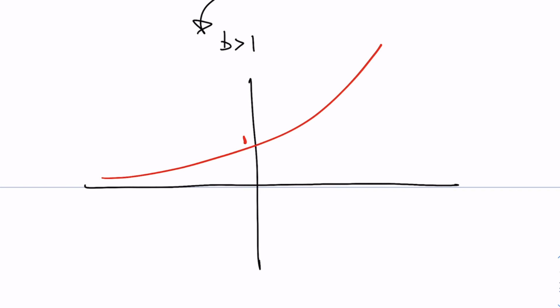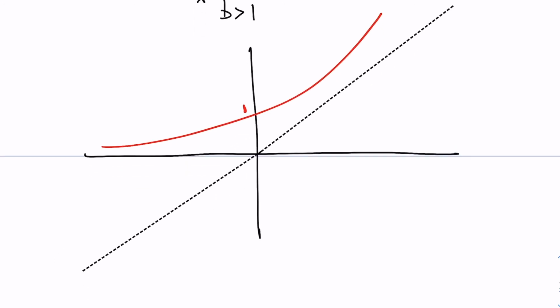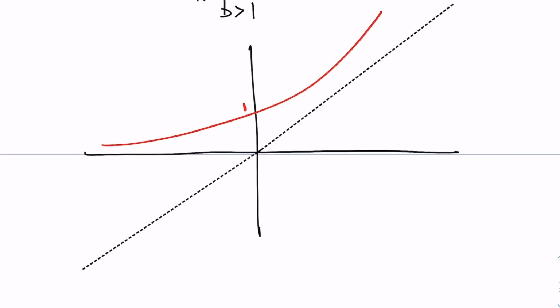And if I plot the line y is equal to x on this graph, then I can look for the image of this function. Let me label it. This one is y is b power x. b here is greater than 1, that's why it's increasing.